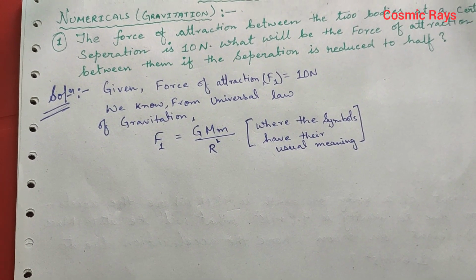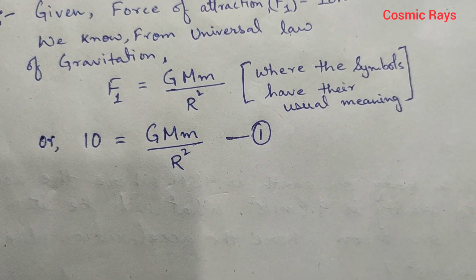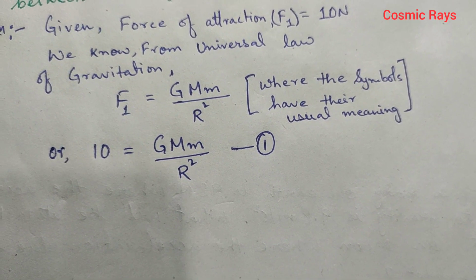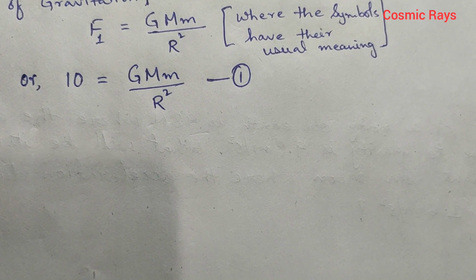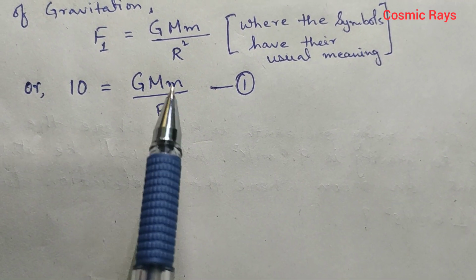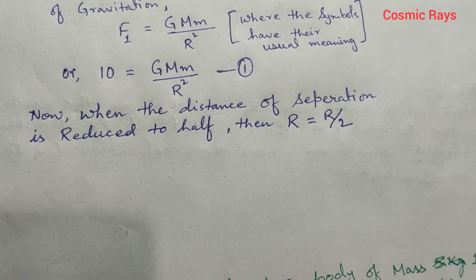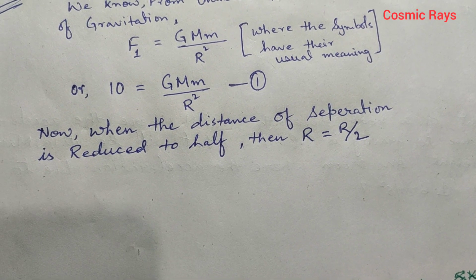So this is given to be equal to 10 Newton. So instead of F1, we write 10 is equal to GMm upon r square. So when the distance of separation is reduced to half, then this r will become r by 2. So we have written that when the distance of separation is reduced to half, then r is equal to r by 2.